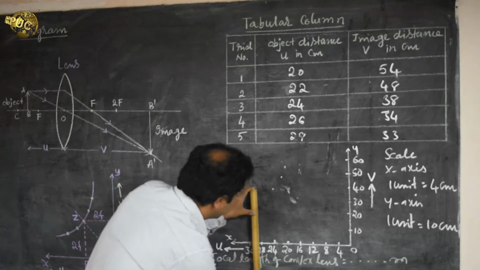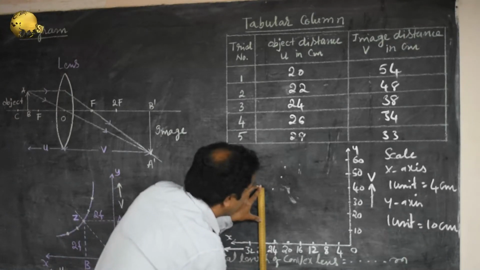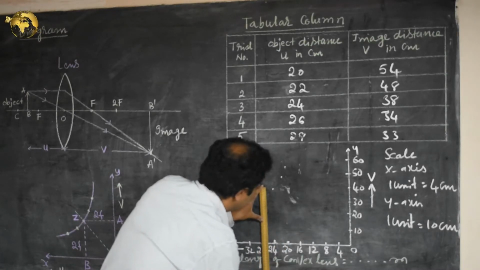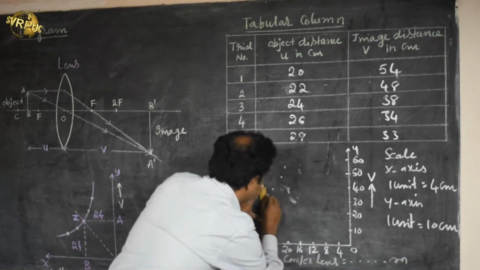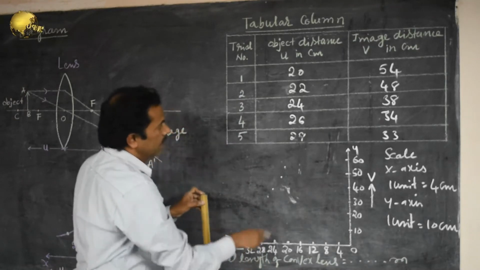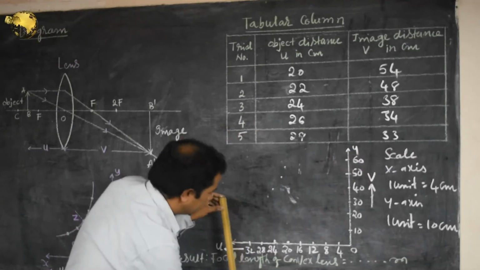In the last reading, the object distance is 28 and the image distance is 33.